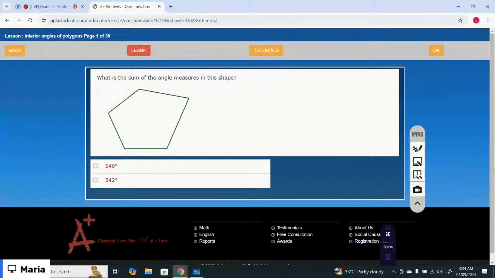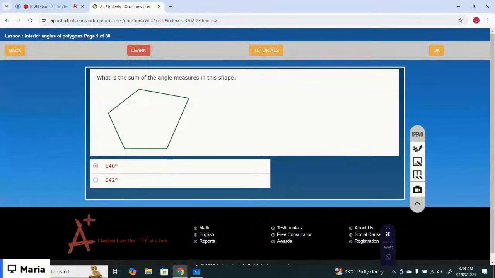The correct option is 540 degrees, right?